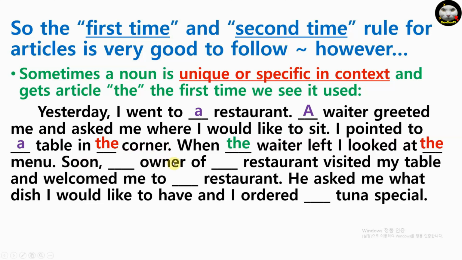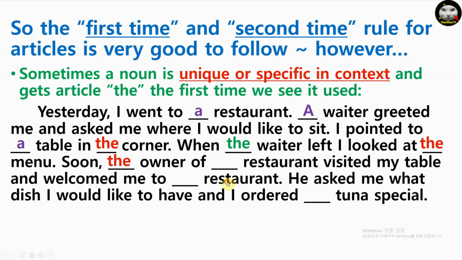Soon, blank owner of blank restaurant. Owner, typically, there's only one owner of a business. So owner as a noun is specifically unique in this context. So we start with the for this noun.